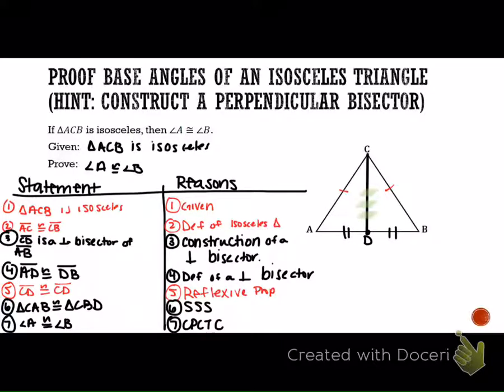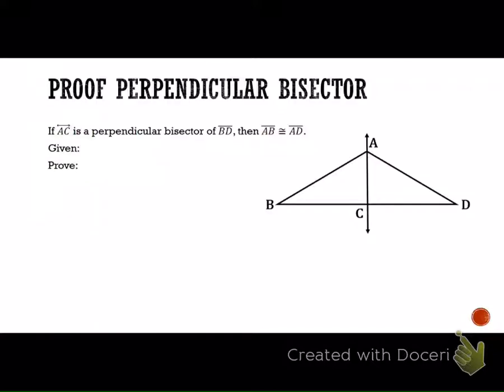Too much writing. So if AC is a perpendicular bisector of BD, then AB is congruent to AD. Iku, what's my given information?